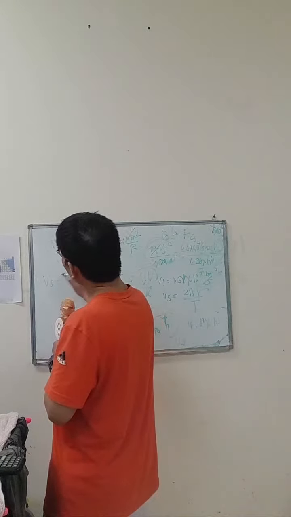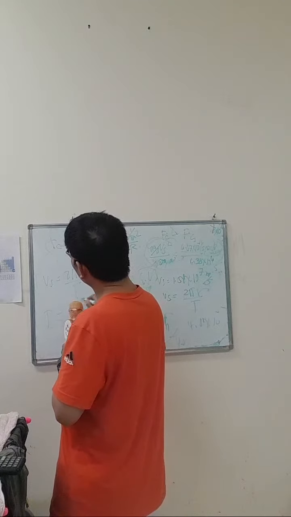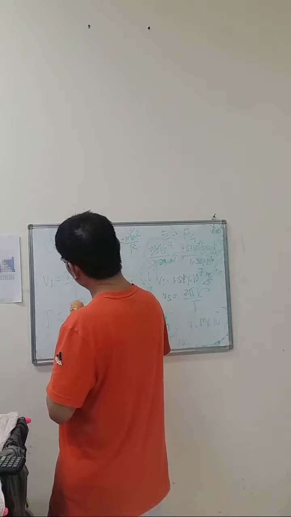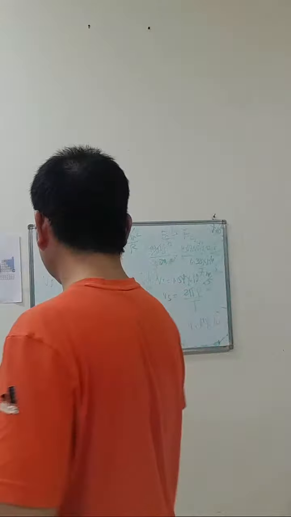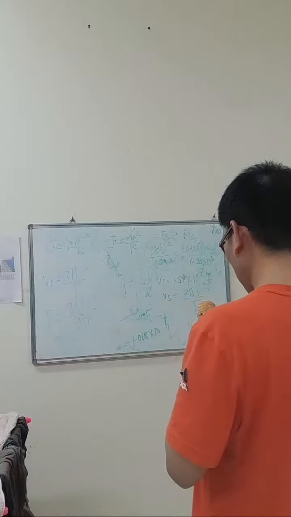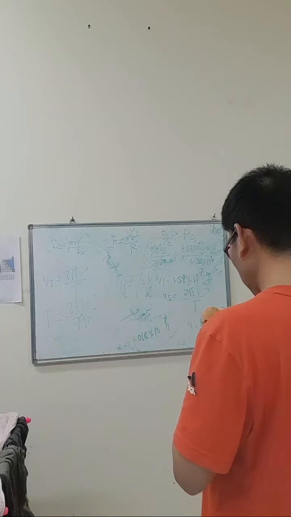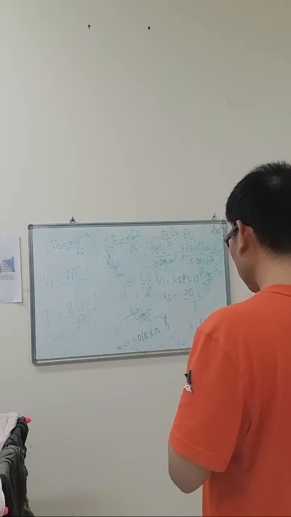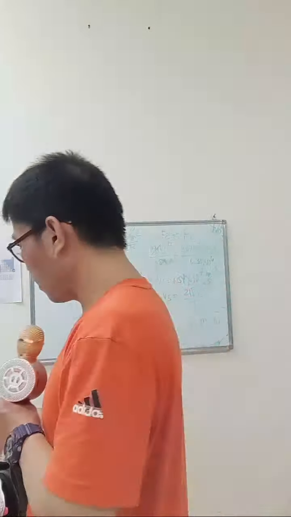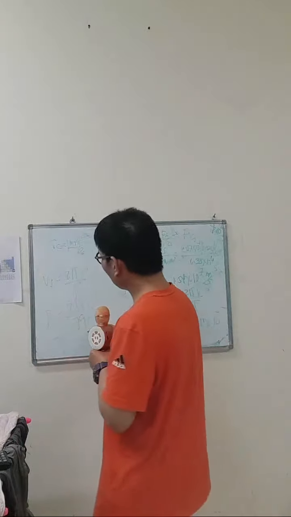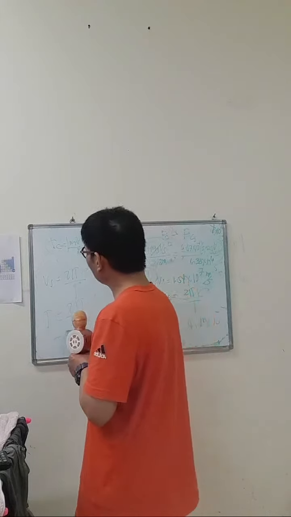So Vs equals 2 pi r over t, and t is equals to 2 pi r over 7,900. So 2 times pi times 6.38 exponent to the 6 divided by 7,900 is equals to 5,074 seconds. This is your time.